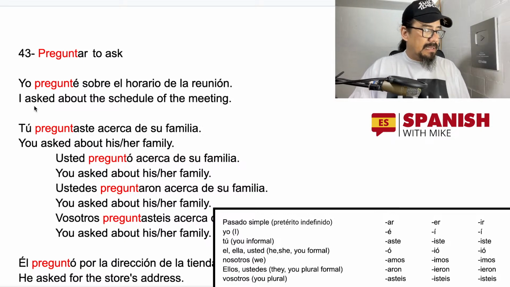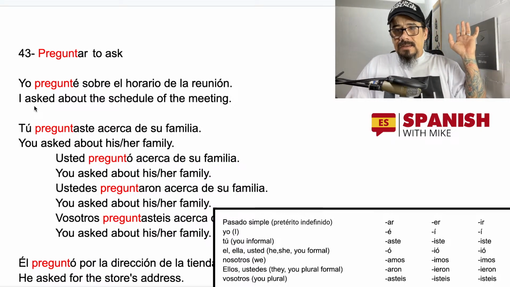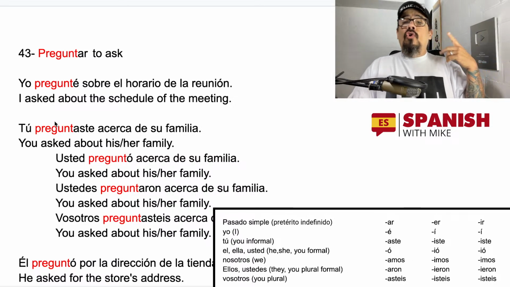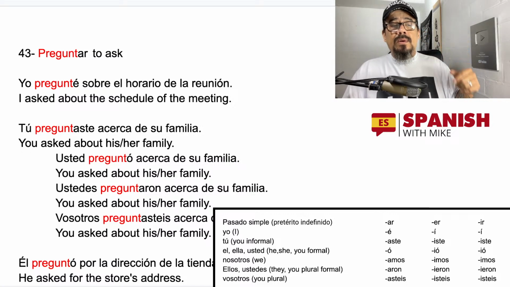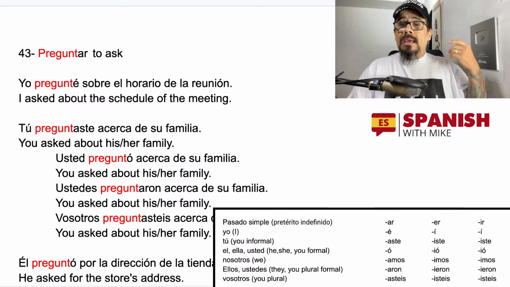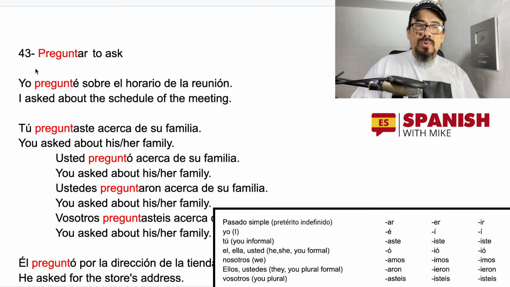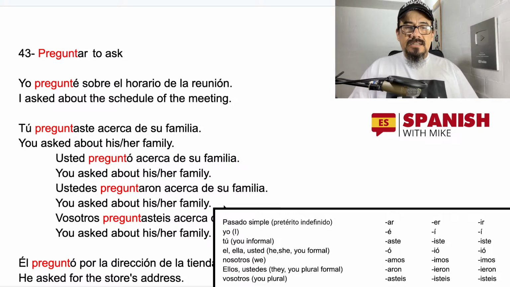And remember, pretérito indefinido is a form of the simple past that we use when we want to talk about things that happened and that was it. Not that happened on a regular basis, nor when we are telling a story from the past. For that we use pretérito imperfecto, and we're going to do that in the next video.